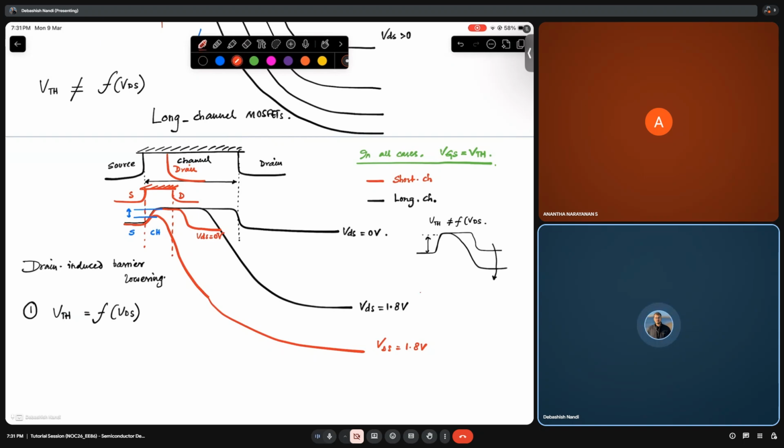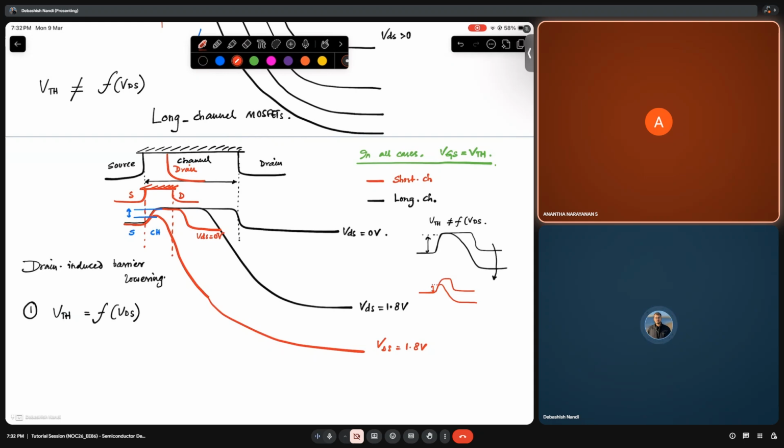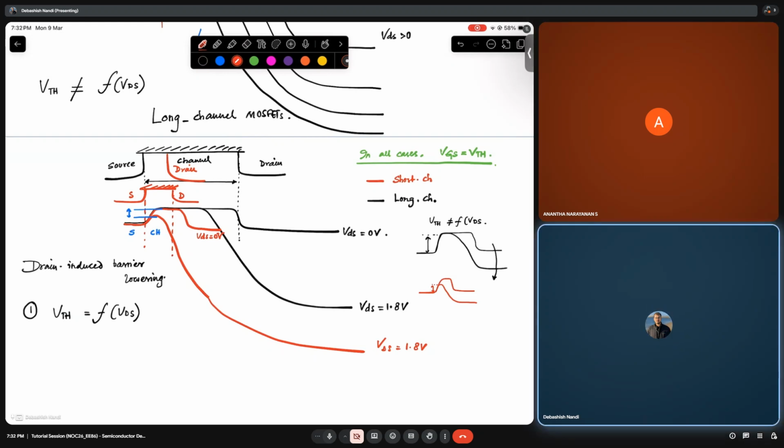Now in short channel devices, this is my VDS equal to 0 case. As soon as I increase my VDS, my source to channel barrier reduces. This is because the channel length is lower, right?